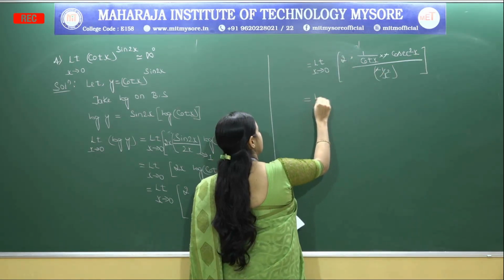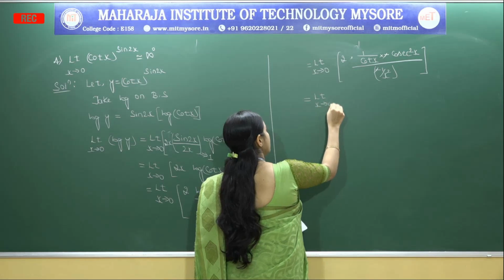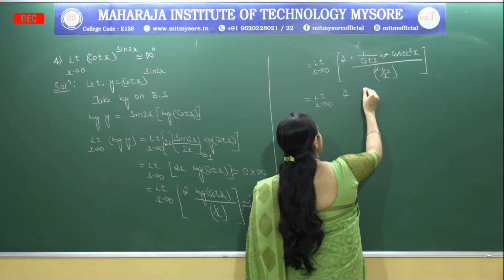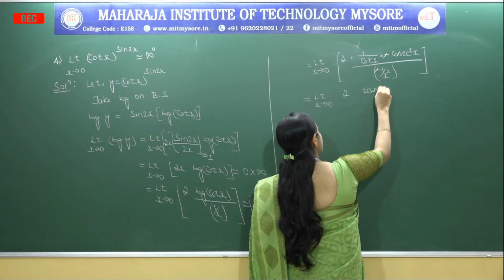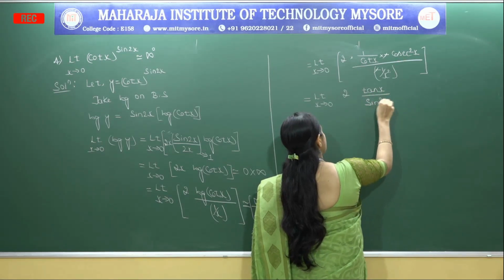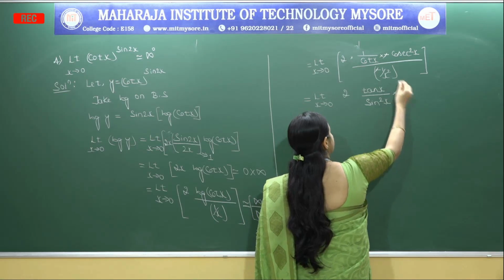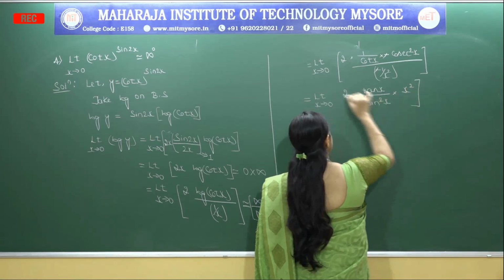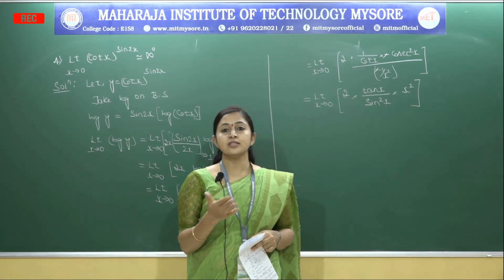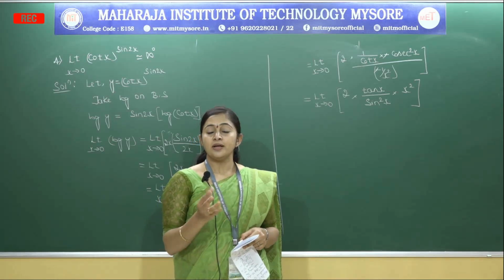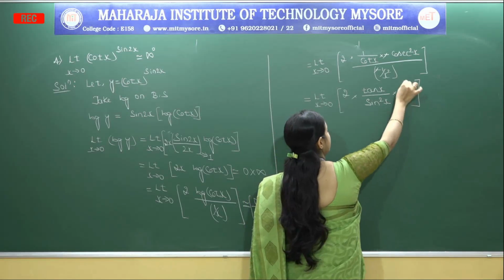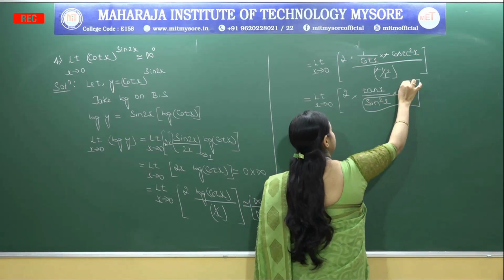This limit as x tends to 0, this 2 you keep as it is, then write tan x for 1 by cot x, write the cosecant as sin square x, take this x square to the numerator. As I already said, whether you have sin x or tan x in the problem, try to apply the limit as x tends to 0. Since you have sin square x, you have x square, you can group these two.